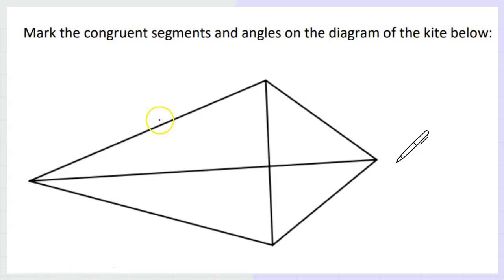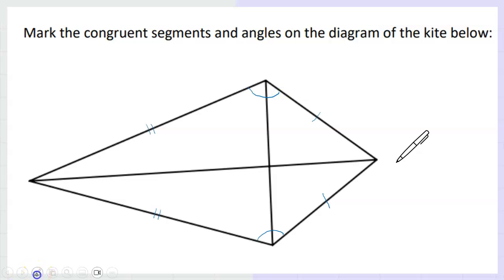According to the first property, we have congruent sides. These sides are congruent because they are adjacent sides and they're opposite each other on that triangle. And then also these, so those are the two pairs of sides that are congruent. And then we also have congruent angles that are opposite each other on the kite. So this angle and this angle will be congruent.